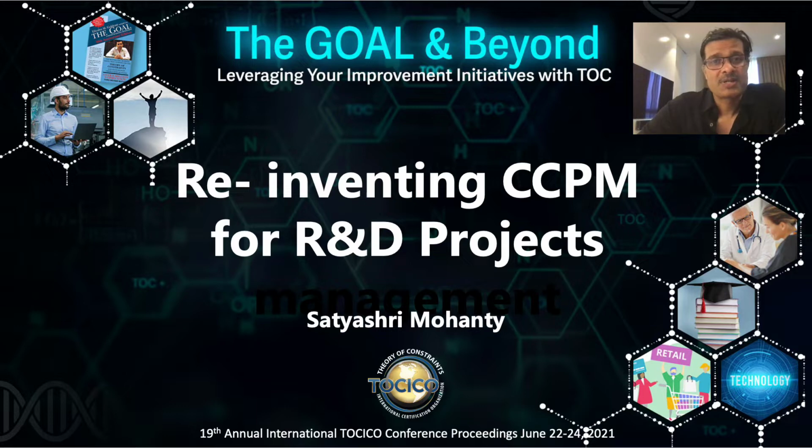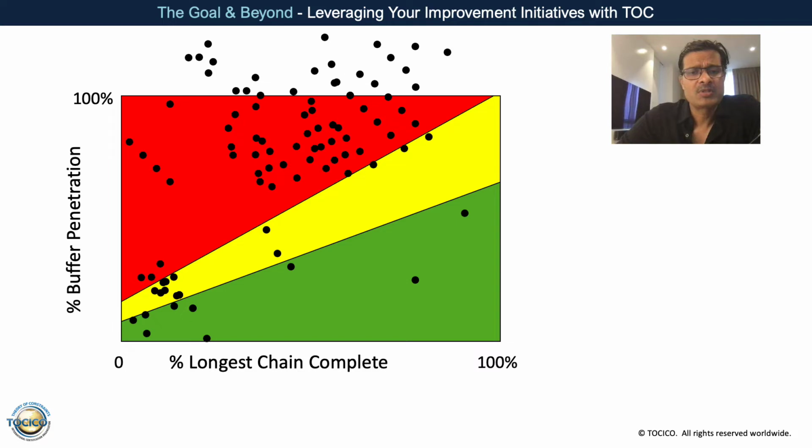So today's topic is about how do we redefine CCPM for R&D projects. I'm sure most of the practitioners out there would have seen a problem in their implementations. And the problem would look something like this.